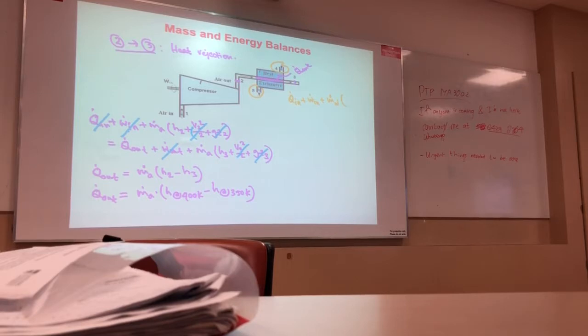Yes, M dot water is H4, V4 square by 2 plus g Z4 is equivalent to Q dot out, W dot out plus M dot water H5, V5 square by 2, g Z5. So we assume change in kinetic and potential energy we can neglect.